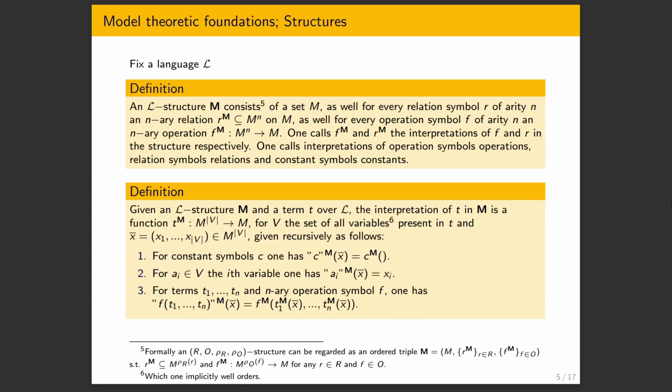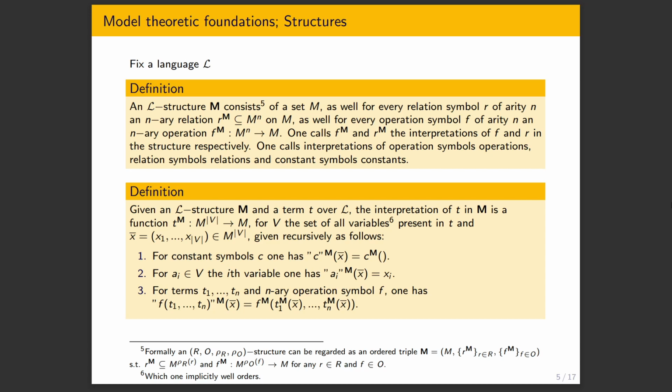So now what we can do is interpret a term over a language L in an L-structure as some function which takes variables and, if we substitute things for the variables, evaluates that and gives us an element of the structure. Say we have an L-structure M and a term t over the language L. Now we can define this interpretation of t, which is a function.